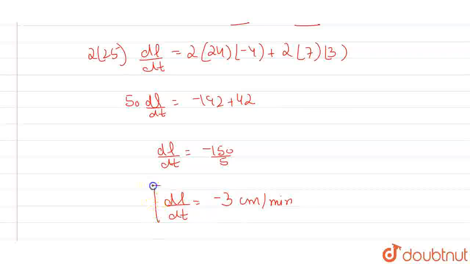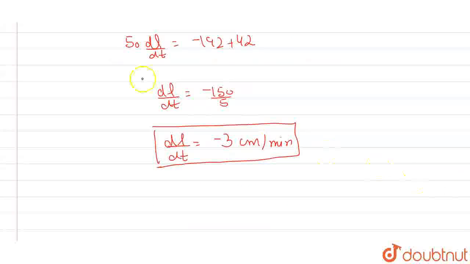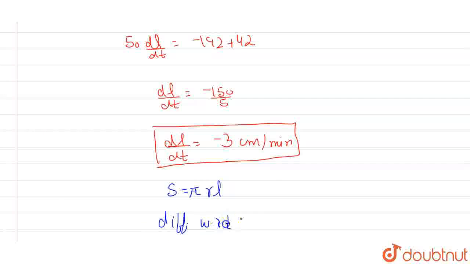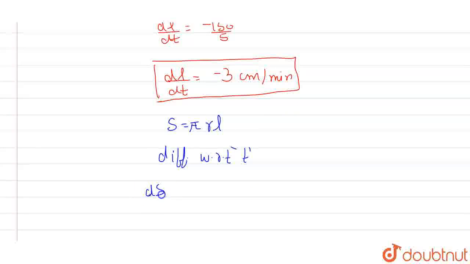So now what do we do? We have to find ds by dt, change in lateral surface area of the cone. Since we know that S equals pi r L, differentiating with respect to t, we will get ds by dt as pi times r dl by dt plus L dr by dt.